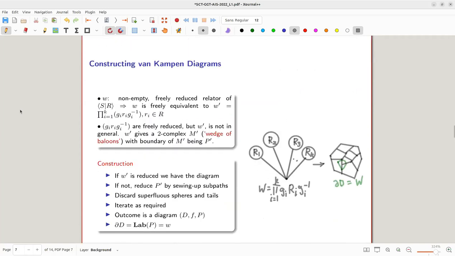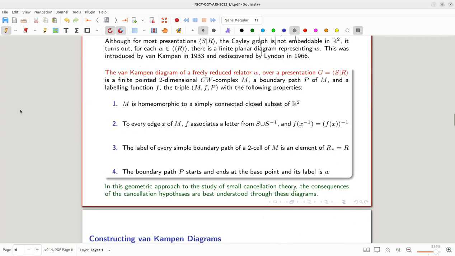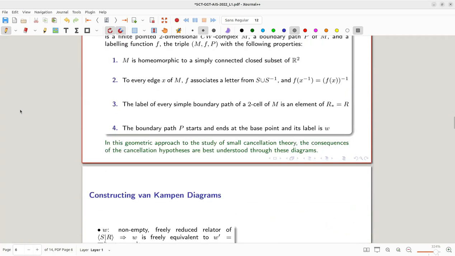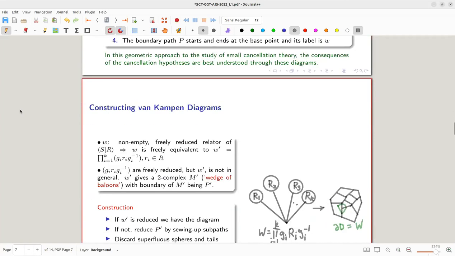So what we can do is, omega is a non-empty freely reduced relator of this. That means it's an element here, right? So elements from the normal subgroup generated by R, they look like this, right? And since omega belongs to that normal subgroup, omega is freely equivalent to a product of conjugates.